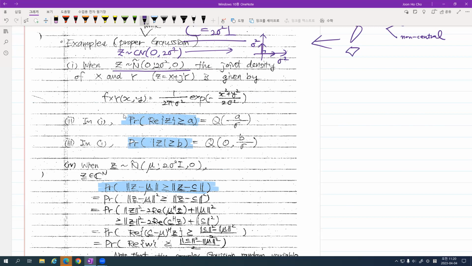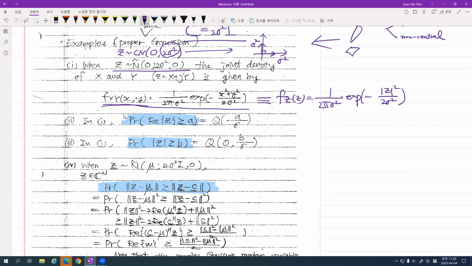Got it? So never forget that. And then you can easily convert it, if you want, to the PDF of the real and imaginary parts. Or you can use, in this case of 2 sigma square, something like this, if I remember correctly.